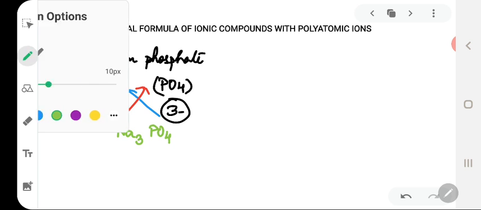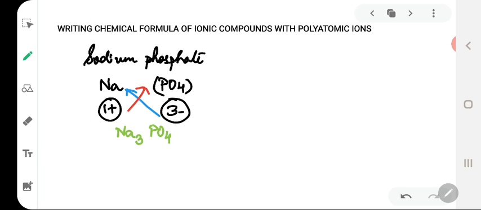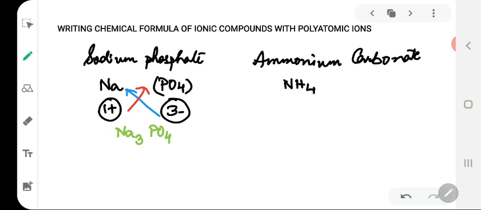Now let's write down the expression for the next compound, ammonium carbonate. So ammonium, it is NH4, and carbonate, it is CO3. Ammonium has got a charge 1 plus and carbonate has got 2 minus.